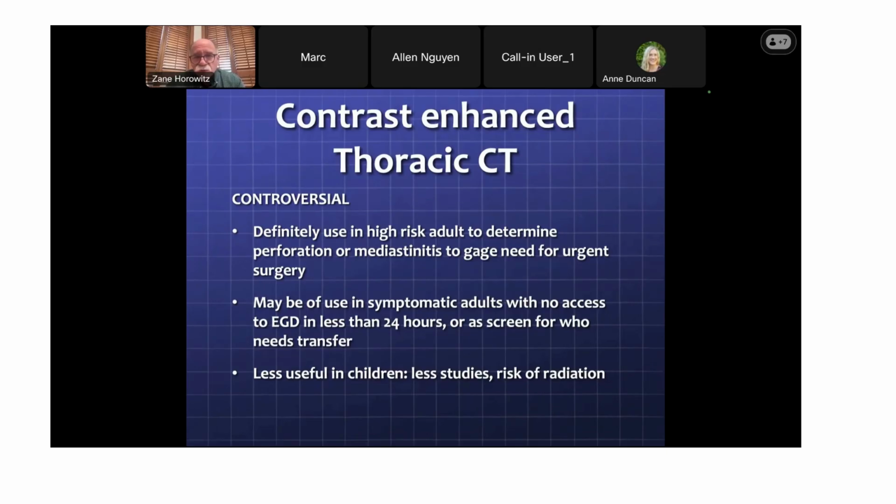First of all, it hasn't been studied very well in children, and second, there's a risk of radiation because it's a pretty high dose. And in adults who can't be transferred, you can rule out perforation and mediastinitis with the thoracic CT probably easily.